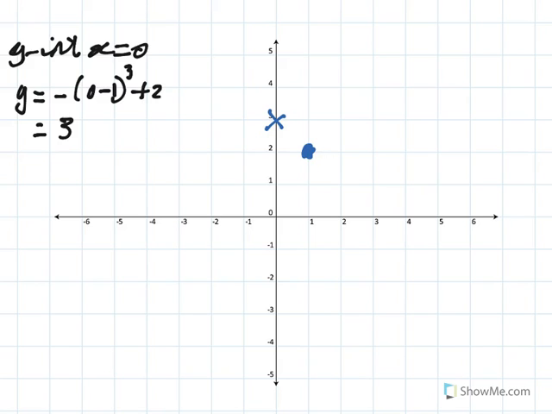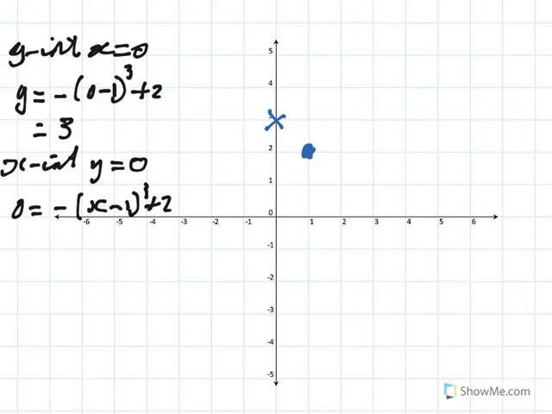And then also for the x-intercept, we know that y equals 0. So 0 equals negative (x minus 1) cubed plus 2.